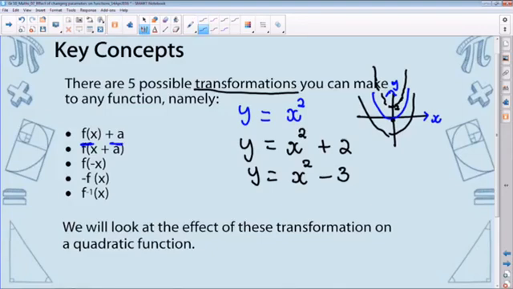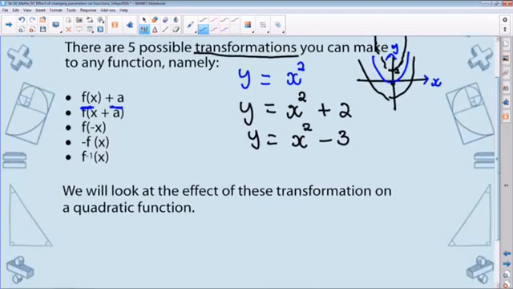Right, now coming to the next part, the f of x plus a, all right? So what are you doing? The first example, you were dealing with the up and down, right? And now the f of x plus a, looking at moving it along the axis, okay?